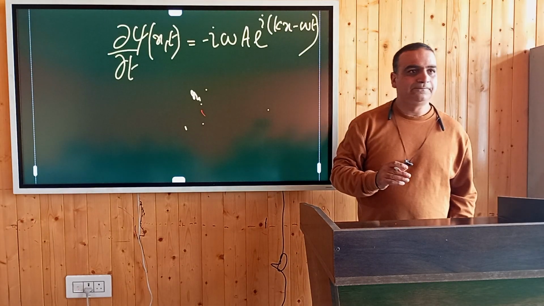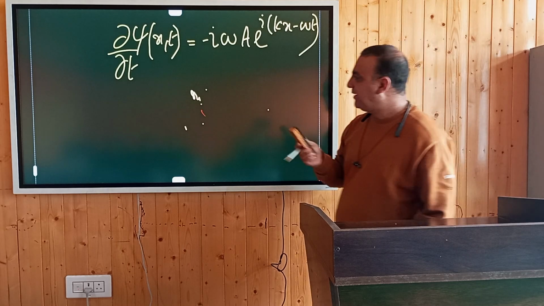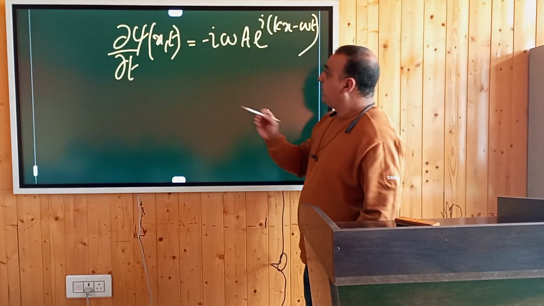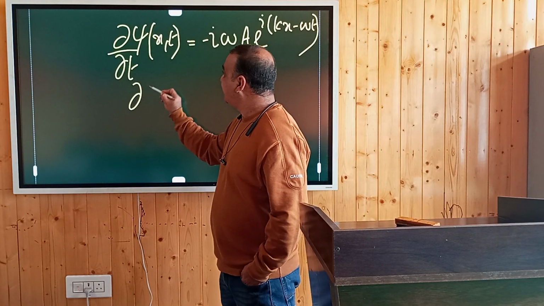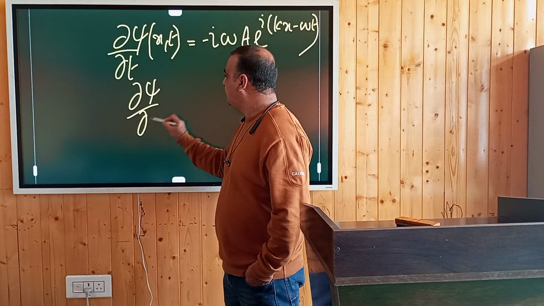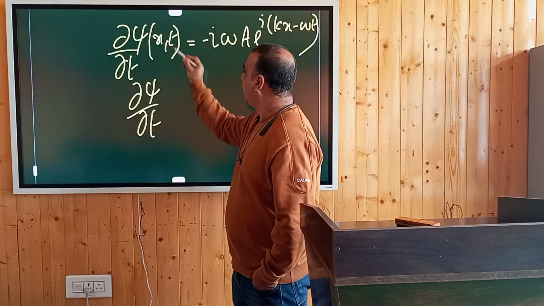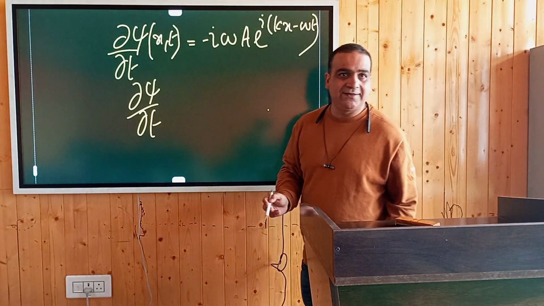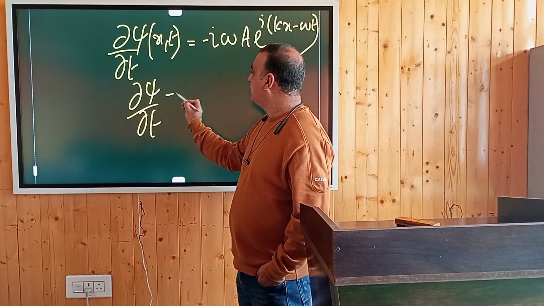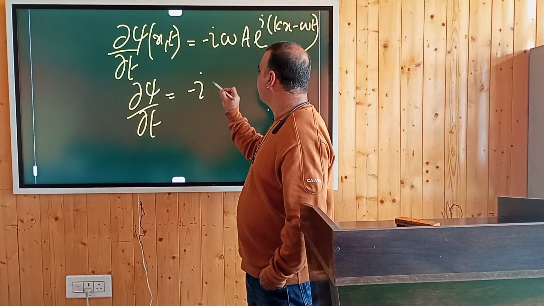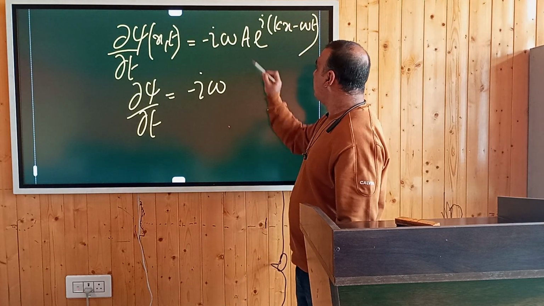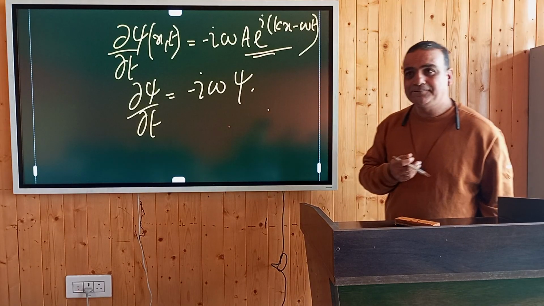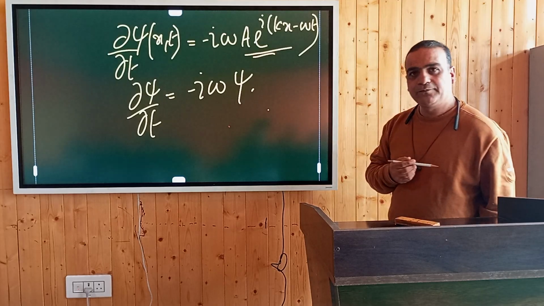This is it, right? Okay, that's fine. So now I can write another step. This is dou psi by dou t. We understand this psi is the function of x and t, I won't write that again. So this will be equal to minus i omega, and for this I can use psi, right? That we can do.